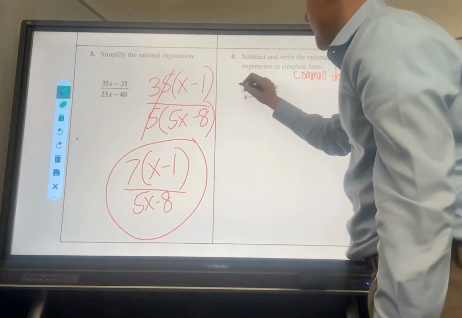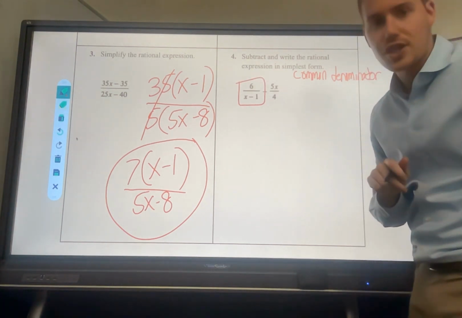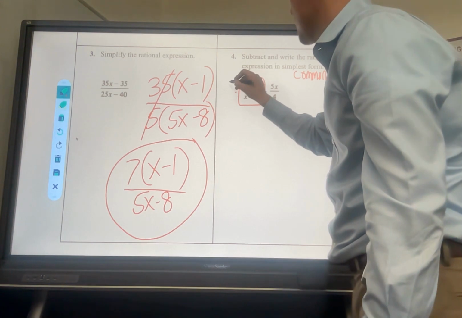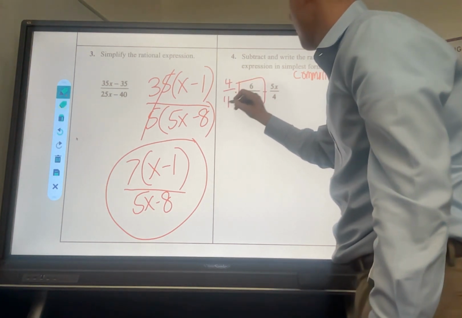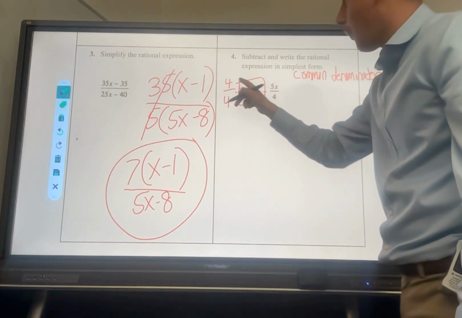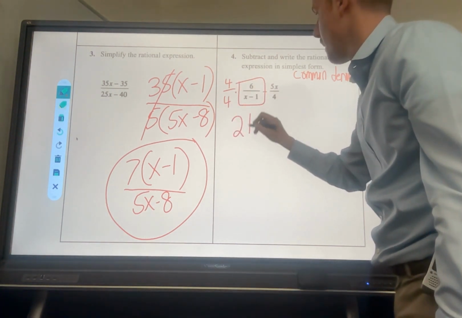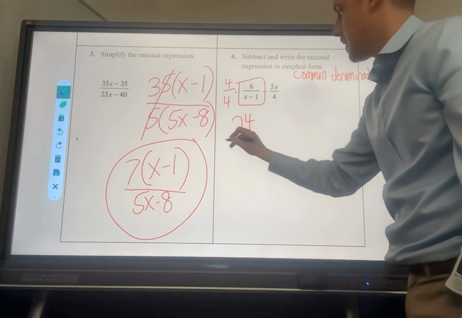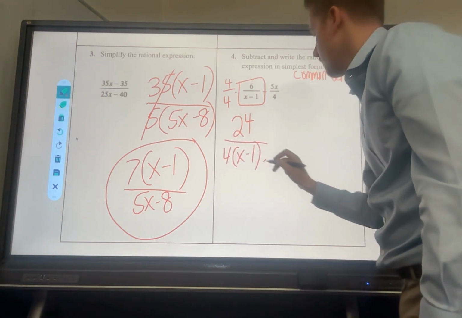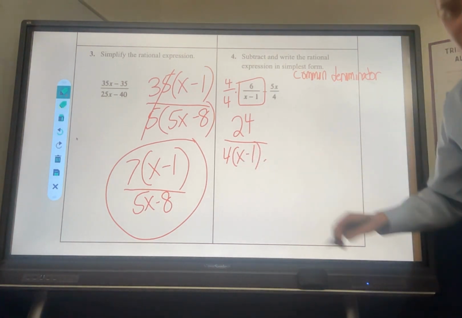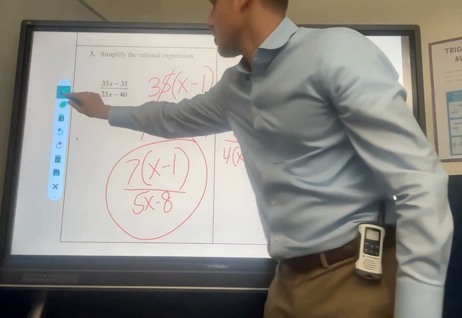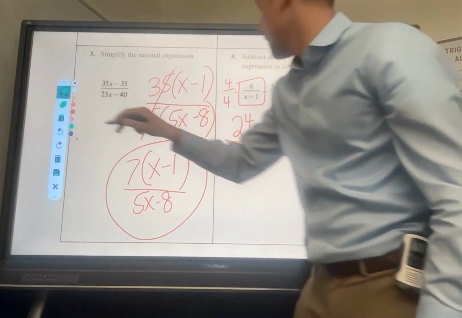So I'll start by taking my first fraction right here, and I'll multiply both the top and the bottom by 4. And when we do that, we can rewrite this fraction. 4 times 6 is 24. 4 times x minus 1, we'll just leave that as 4 times x minus 1. That's going to be our common denominator we're going to use. So to get our other fraction here, I'll switch colors. Let's go for a black now.